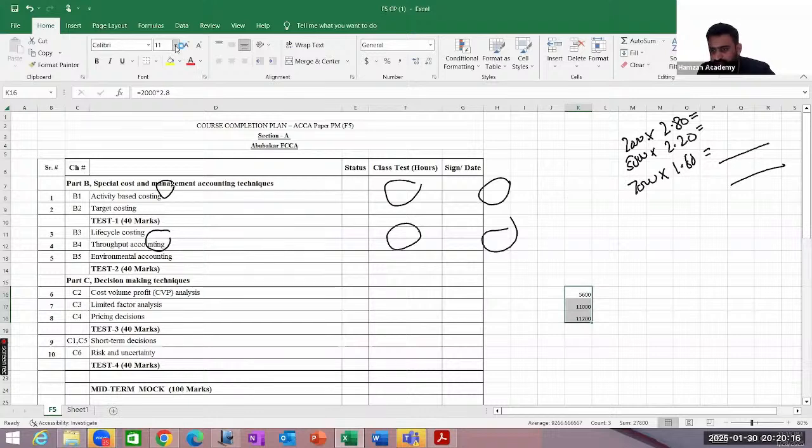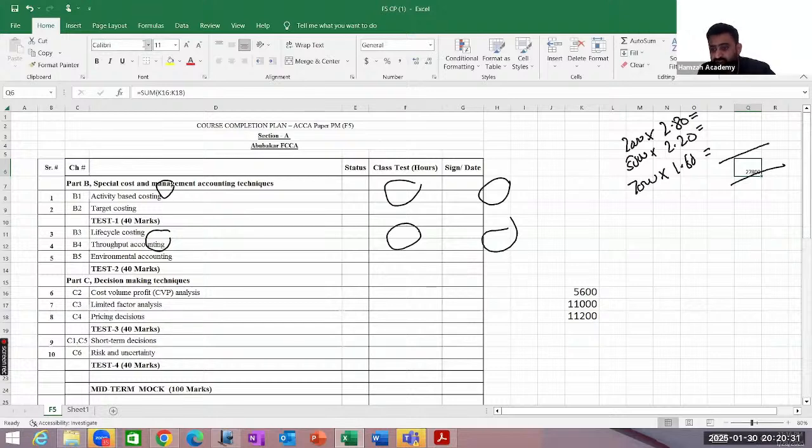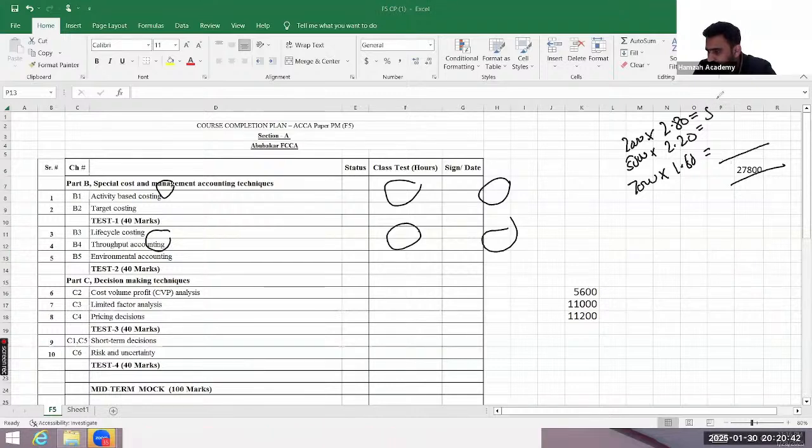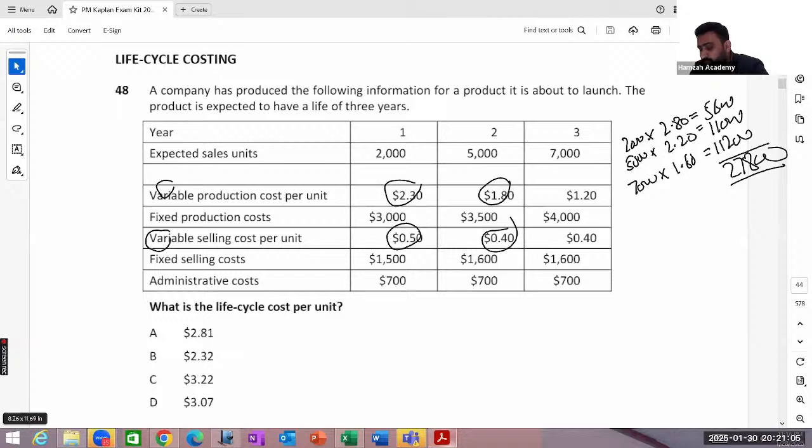So these will be the answers, and if you total them, the total variable cost will be 27,800. That is 5,600, 11,000 and 11,200, and the total will be 27,800 will be the answer of total variable cost.